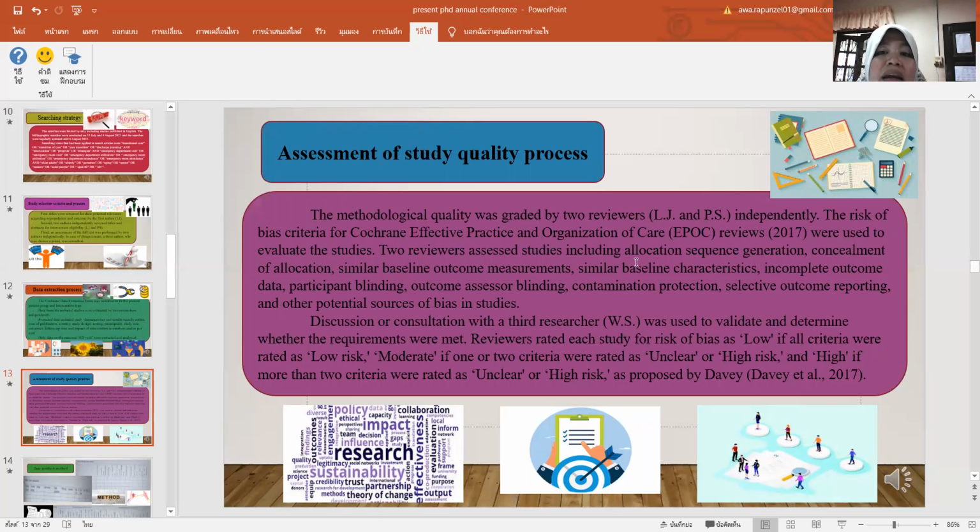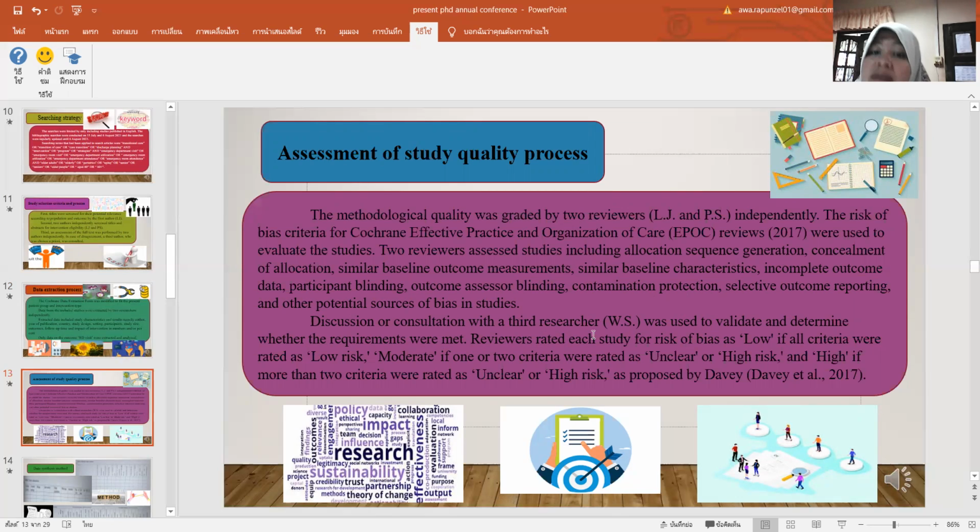The criteria included allocation sequence generation, concealment of allocation, similar baseline outcome measurement, similar baseline characteristics, incomplete outcome data, participant blinding, outcome assessor blinding, contamination protection, selective outcome reporting, and other potential sources of bias in study.